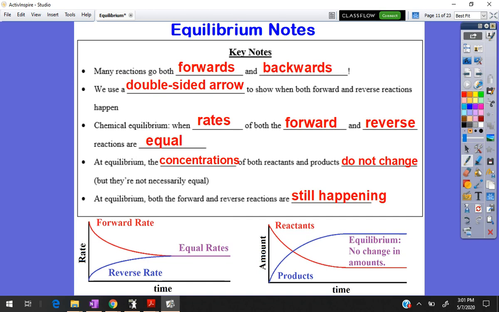There's a graph at the bottom here that shows the decrease in the rate over time in the forward direction and the increase in the rate over time in the reverse direction. At a certain point, they merge and become equal. At this point, we have reached equilibrium.